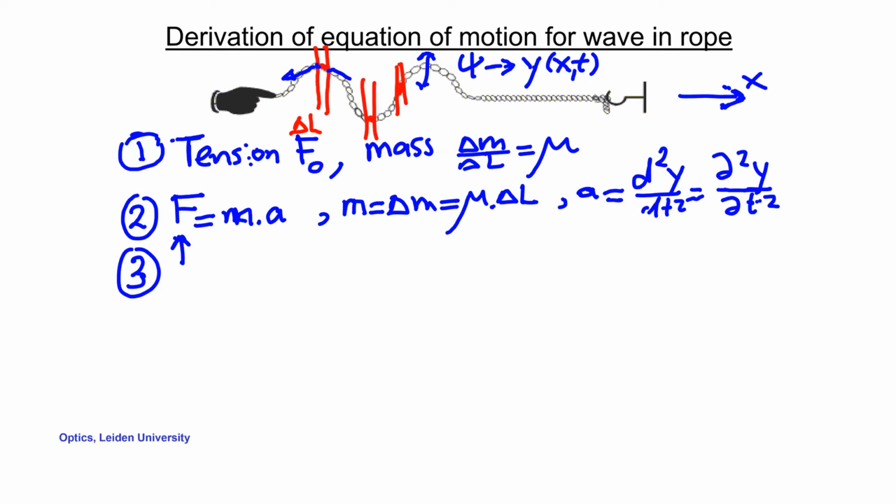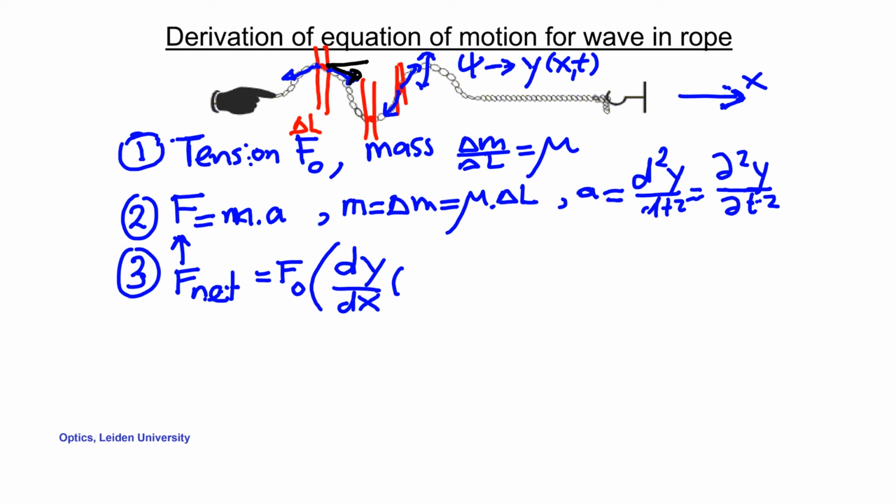But if you look at the segment, you'll notice that the pulling force is both on the left of the segment and on the right of the segment, and that the net pulling force will depend, of course, on the tension, but also on the slope of the rope, or in other words, on the derivative of y versus position.